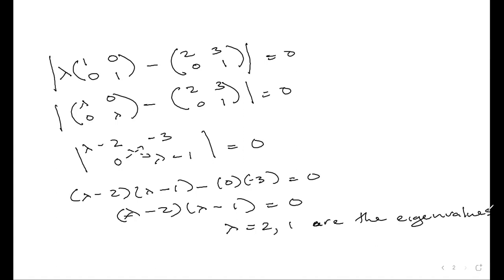So it's solve the determinant of lambda I minus A equals 0. All right. Now, so those are two eigenvalues. So the second thing that we have to do is find the eigenvectors.